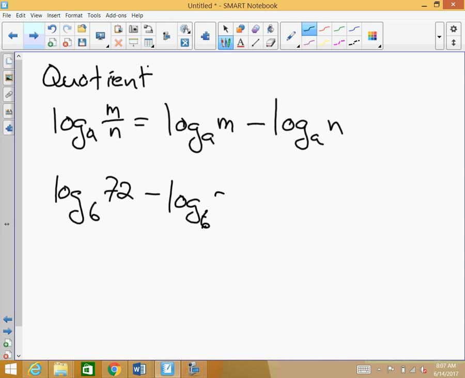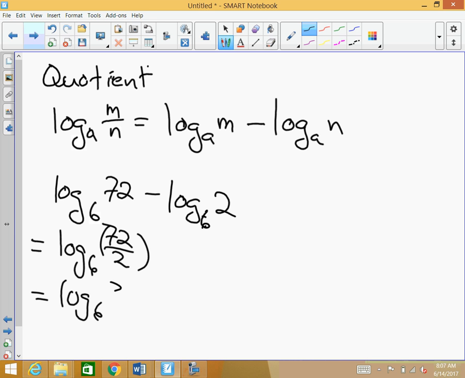Log_6 72 minus log_6 2, so that's just going to be equal to log_6 of 72 divided by 2, which is equal to log_6 36, which we now know is 2. So, quotient law, when it's divided, we have a negative sign, or if we have one log to subtract another one, we can go backwards and make it a division.